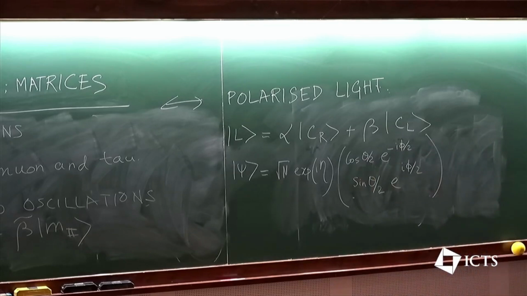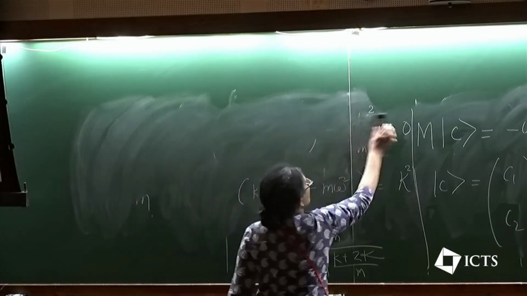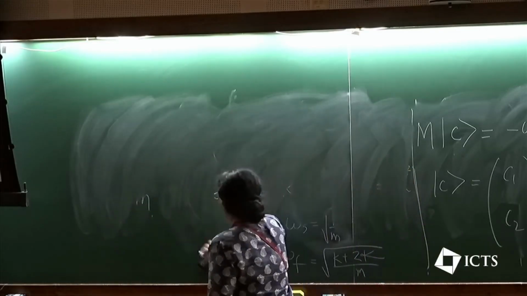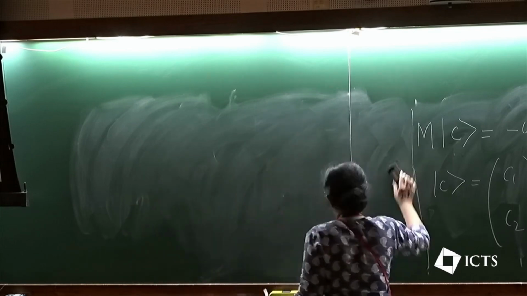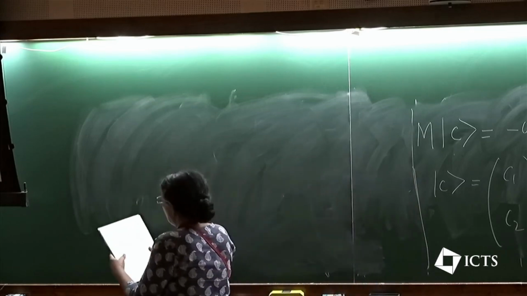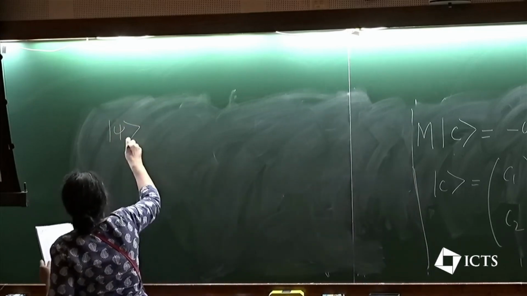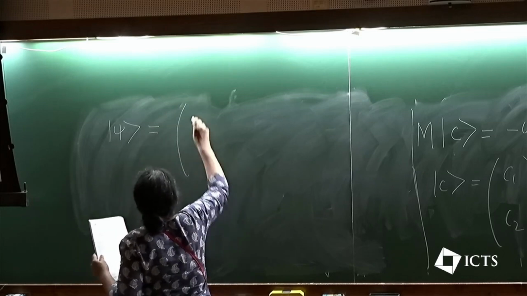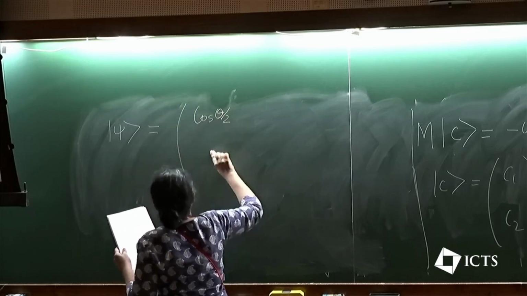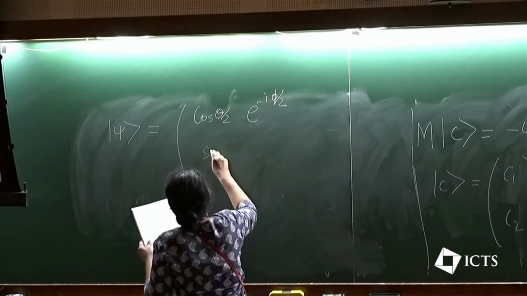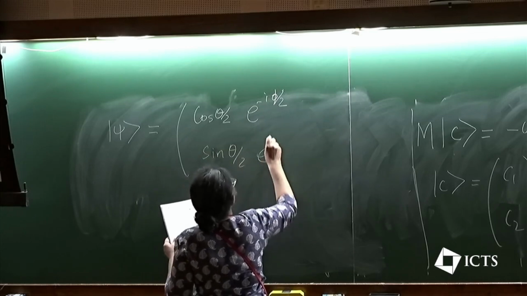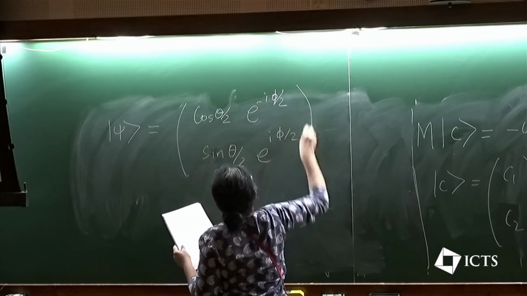Let's not keep too many extra stuff, and say that we'll get rid of the overall phase and have this cosine theta by 2 e to the power minus i phi by 2 and sine theta by 2 e to the i phi by 2, right?